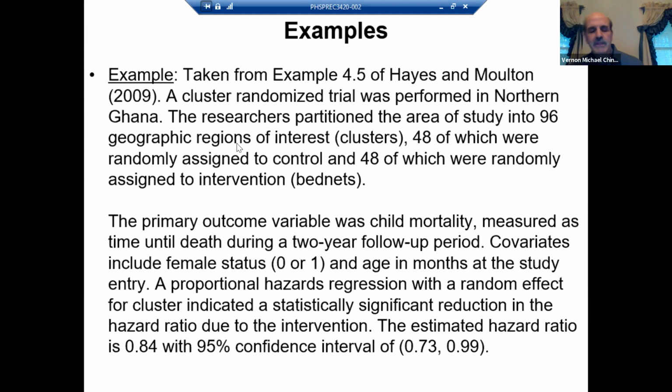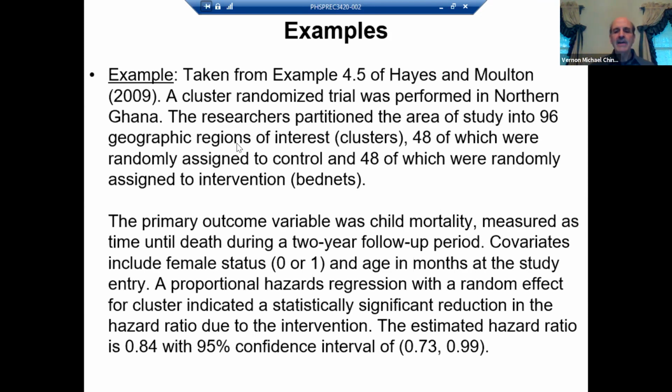At the end of the study, when they had all the data, they applied a proportional hazards regression, since their outcome variable of interest was time until death for the child. They had a random effect for cluster within their proportional hazards regression model, so that would account for the cluster to cluster variability.